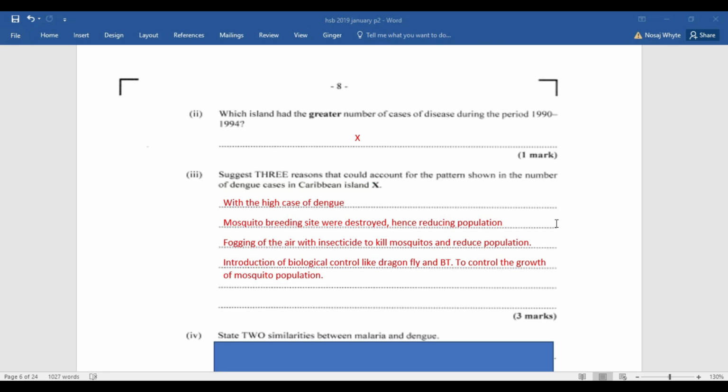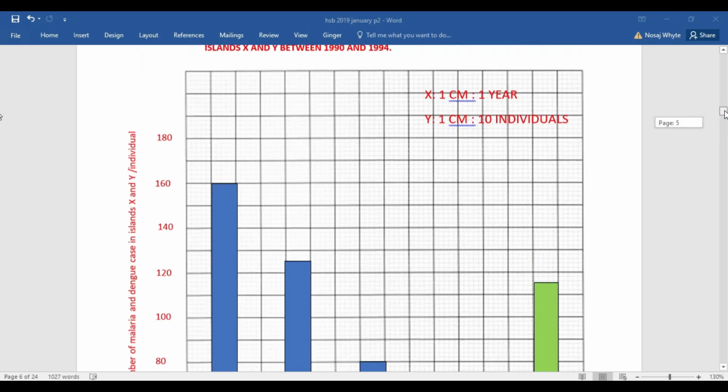All right, with the high case of dengue, mosquito breeding sites were destroyed, hence reducing the population.